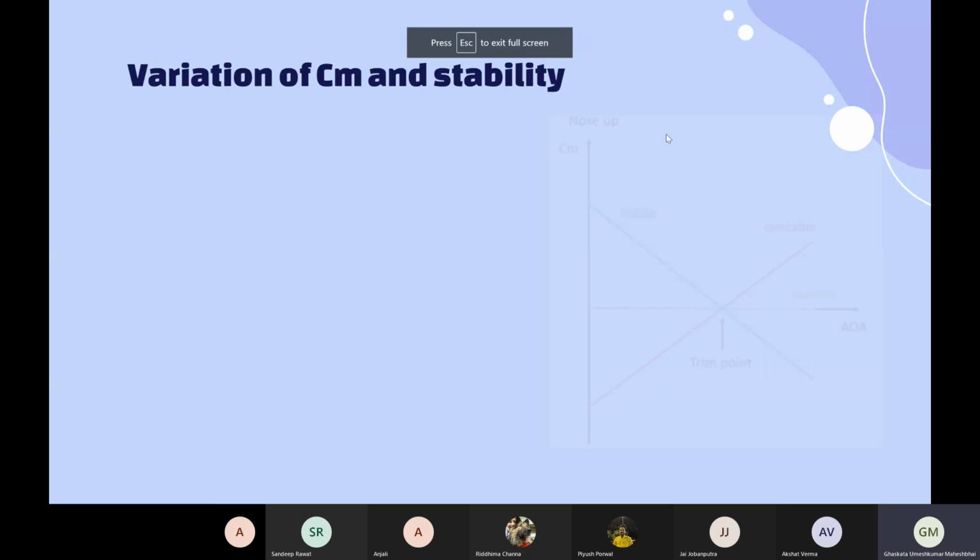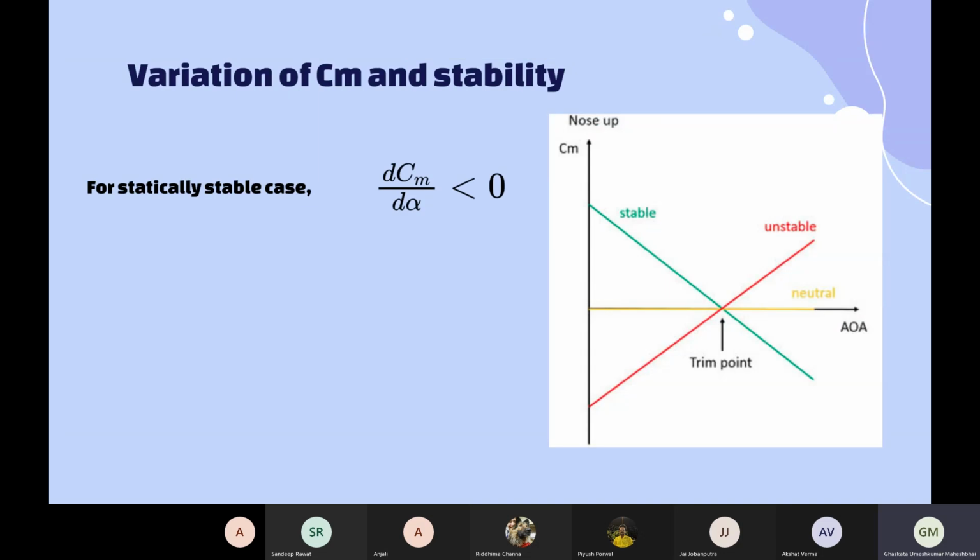One second, sorry for that. Okay, so this is covered.